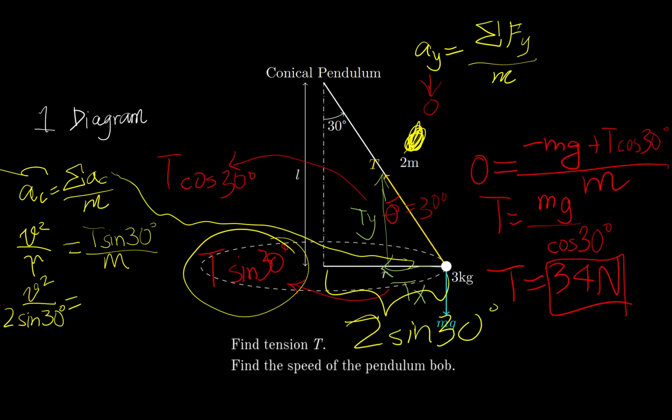So v squared over 2 sin 30 equals T sin 30 over m, which is 3 kilograms. Writing the equation, not T, v.